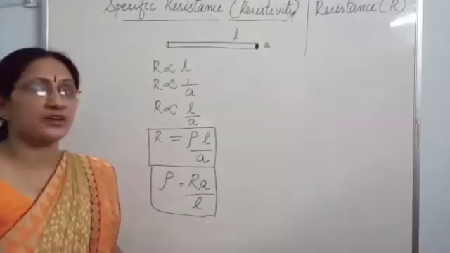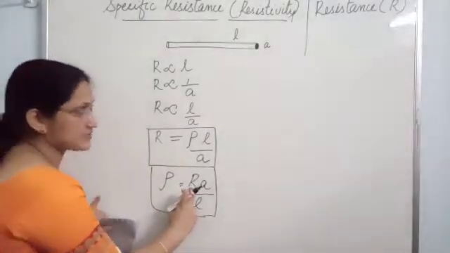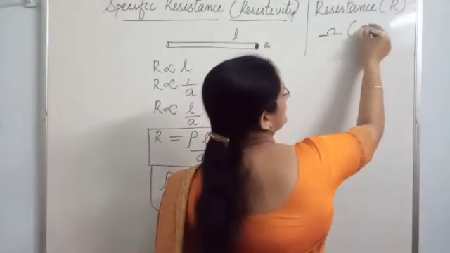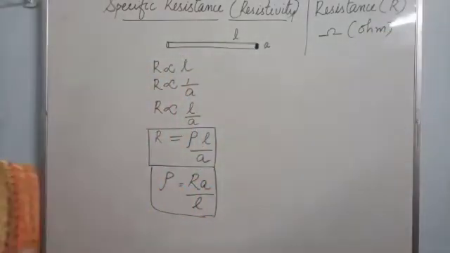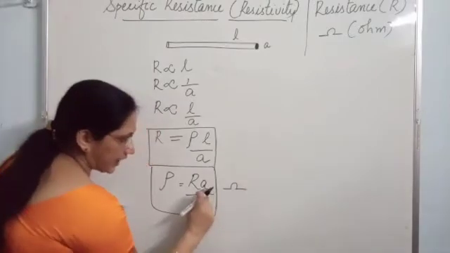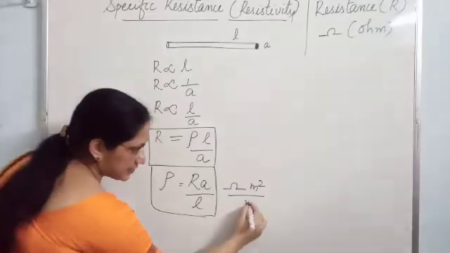From the formula you can find out the unit of specific resistance. You know resistance is measured in a unit called ohm. For R the unit is ohm. Area of cross section is meter square upon length, again meter.